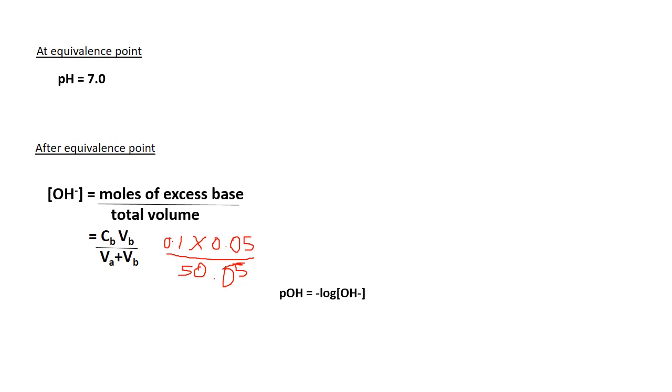Then we know the OH minus concentration, so we can find the pOH. As you know, pOH plus pH equals 14. We can find the pH as 10 here. Now we are done with the calculation.